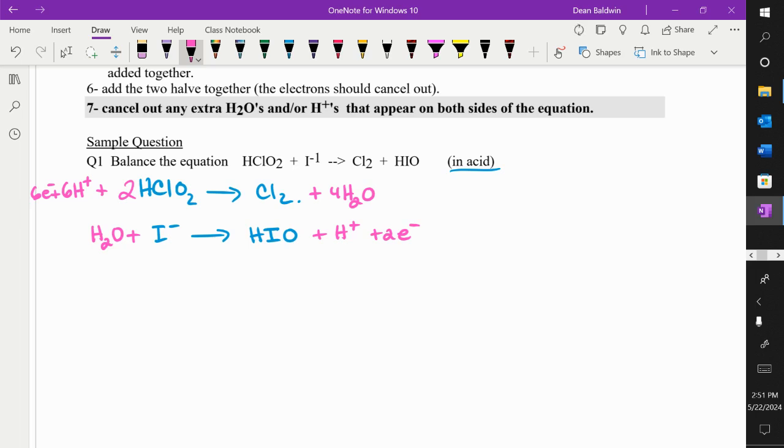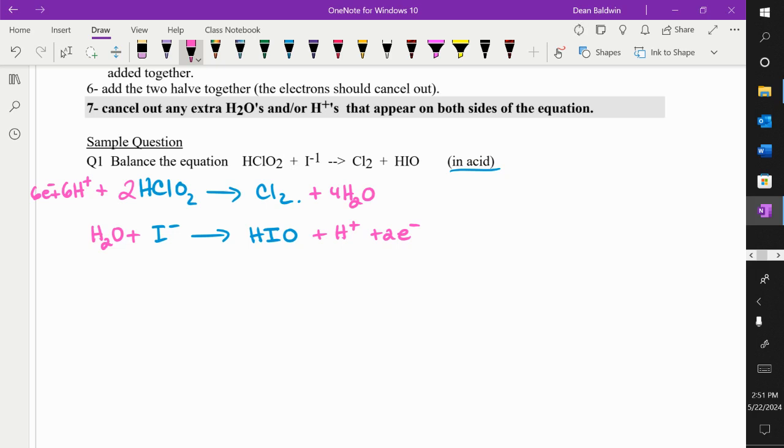I'm trying to balance the charge of this reaction. This is -1. I can only do it by adding electrons. So if this is +1, I have to add 2 electrons, and that'll bring this overall charge down to -1, and it matches. It doesn't have to be neutral. It just has to match each side. Is that okay? You just have to match the sides. It does not have to be neutral. Okay?